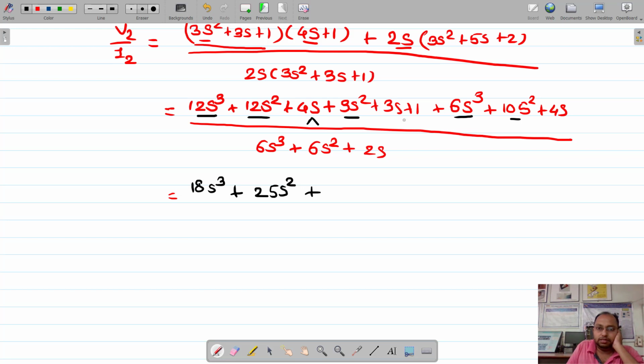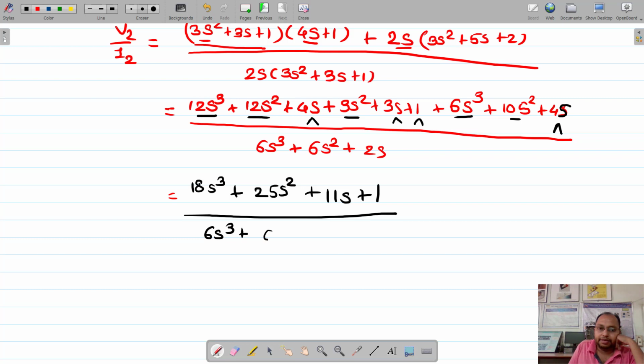Then 4 plus 4, 8, 8 plus 3, 11, so 11s, and 1 is the only constant term, divided by 6s cube plus 6s square plus 2s.